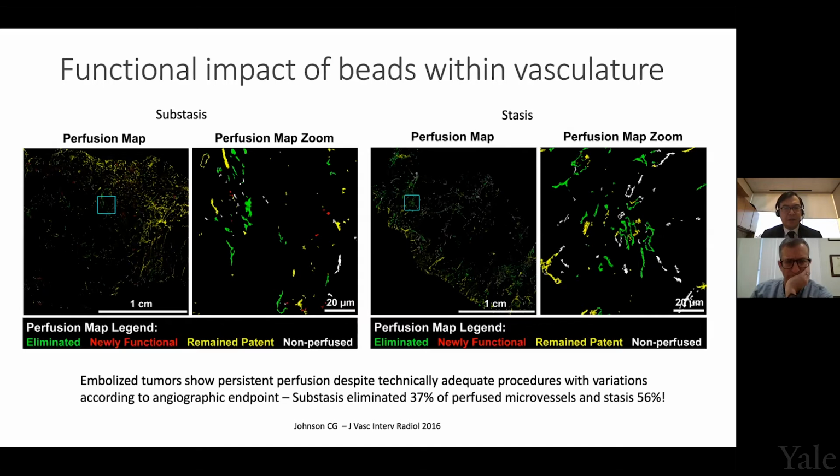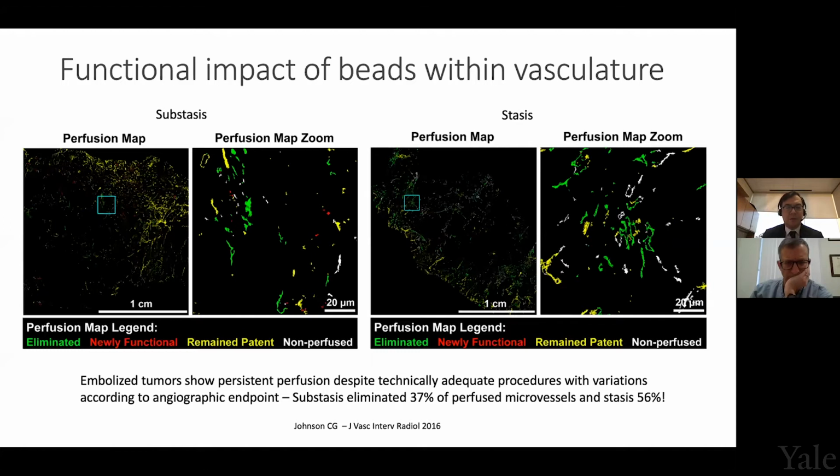When you look at this study done by Johnson in 2016, they basically perfused the tumor with different fluorescent agents before and after embolization. And what they realized is that if they did substasis, which is like typically you have a few heartbeats to clear the contrast, versus complete stasis where the contrast just doesn't move despite many heartbeats, under both circumstances, there's still a substantial amount of residual flow within the tumors.